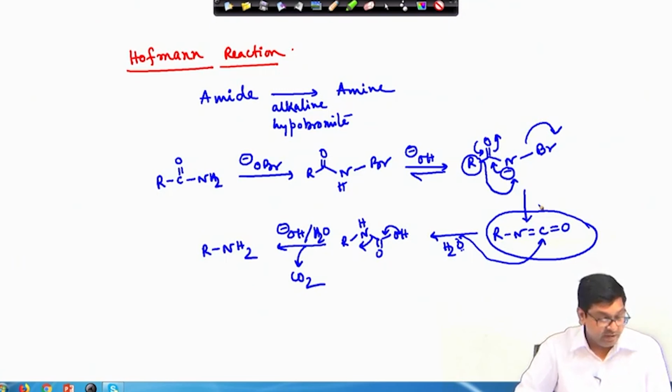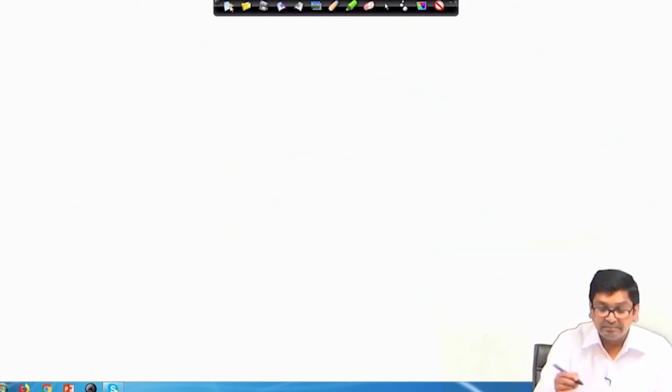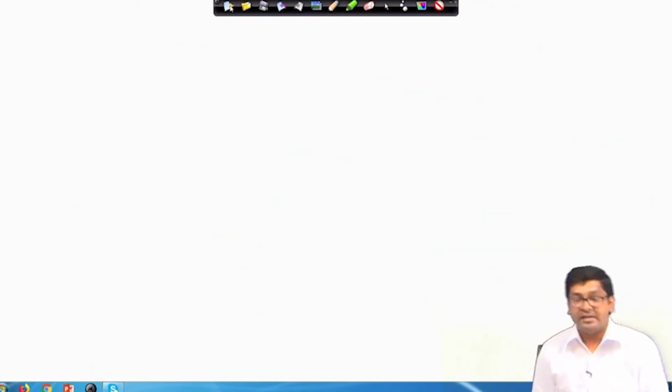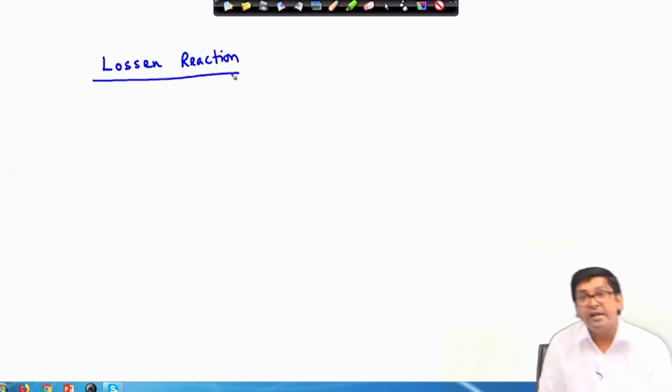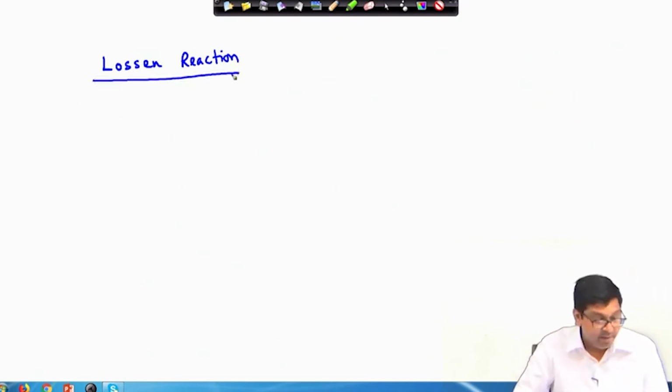Okay. Next we will see the third type of rearrangement reaction, which we can call the Lossen reaction. This is also similar to the Hofmann reaction, but in this case, instead of bromide, the leaving group is the O-acyl derivative of the corresponding hydroxamic acid.